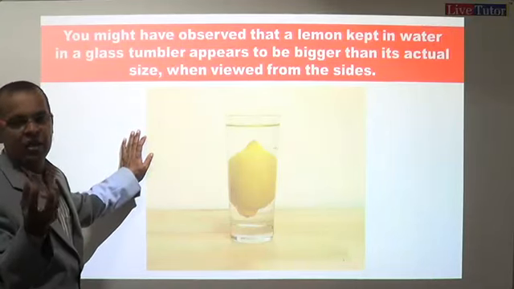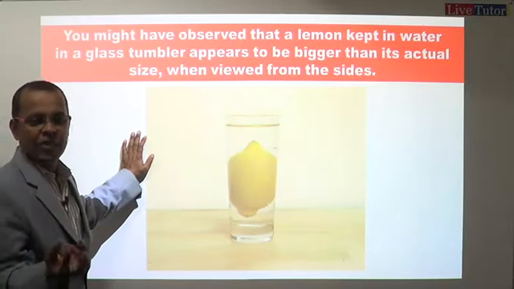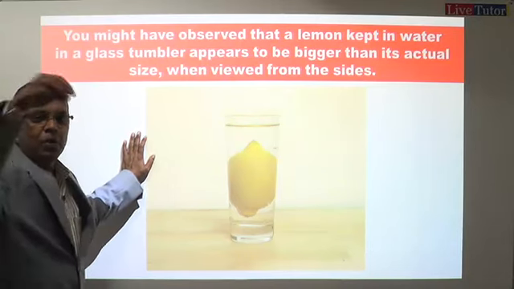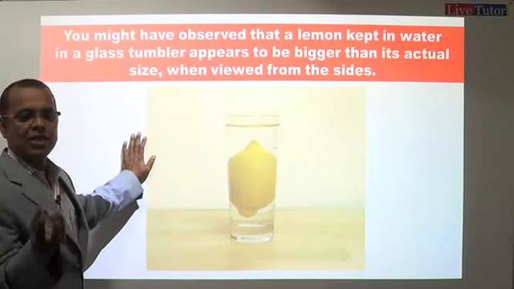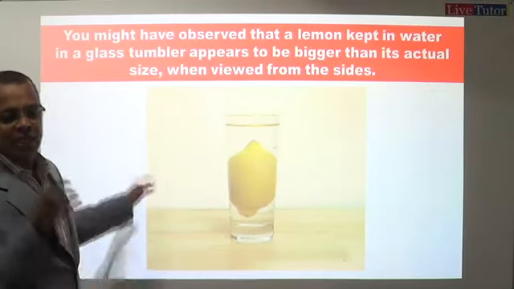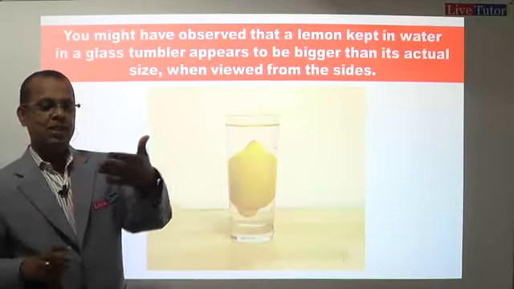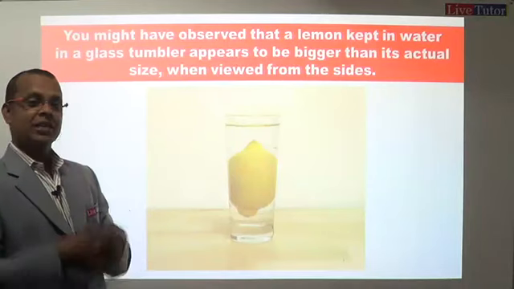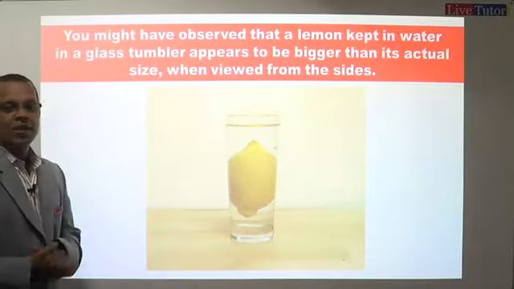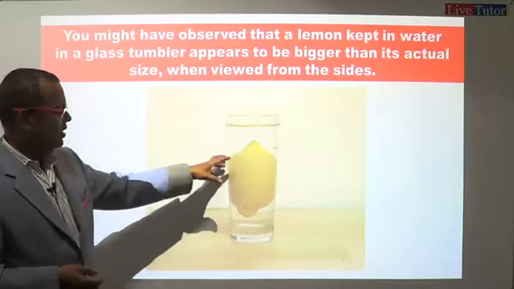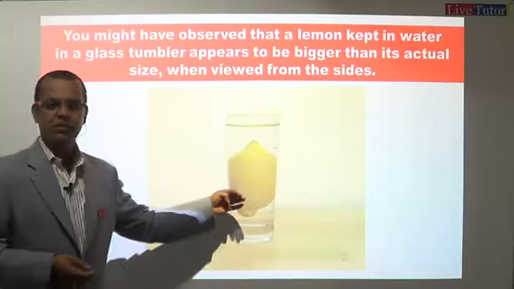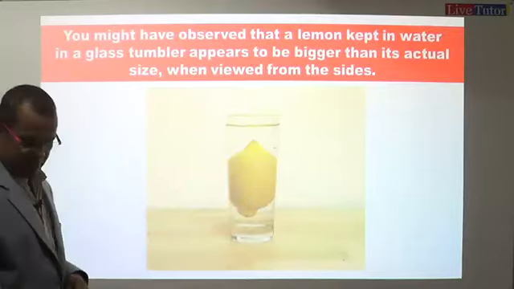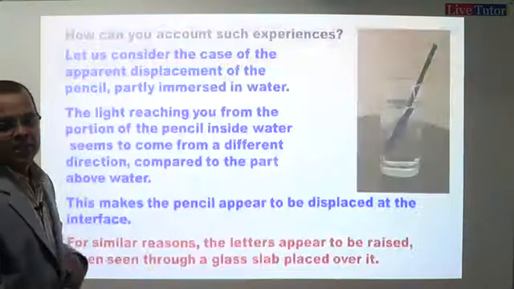When it is not useful, we used to take only the bulb and pour some water inside and use it as a magnifying lens. We used to keep that and see some letters or paper through it, and it may look somewhat bigger in size. Right? That is a practical application of this. So when a lemon is kept inside the water and viewed from the other side, it may look as if it is somewhat bigger in size.